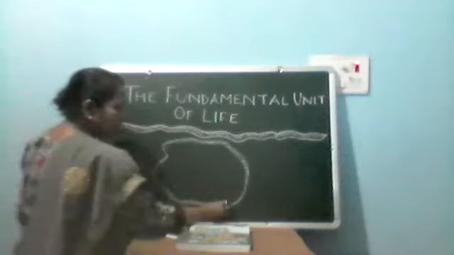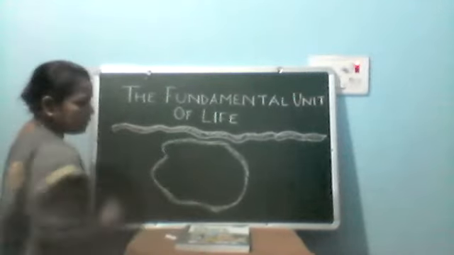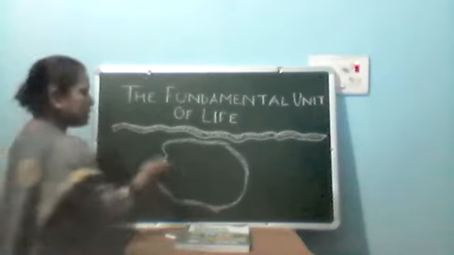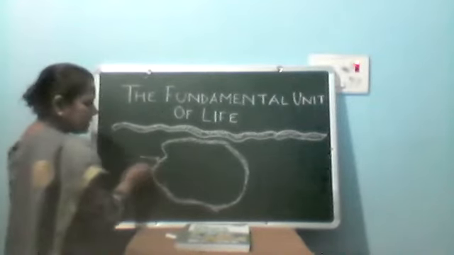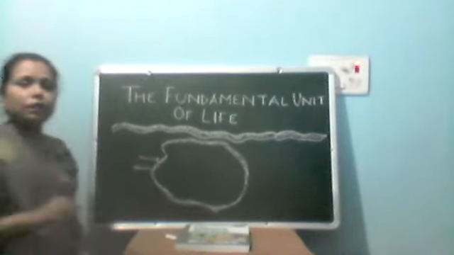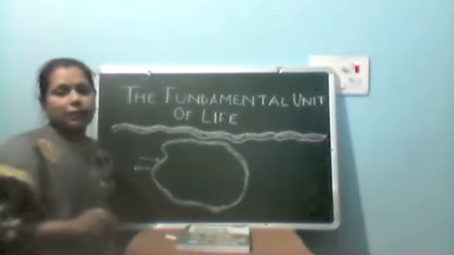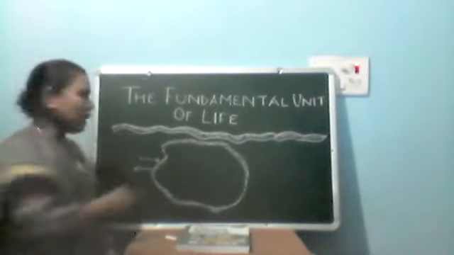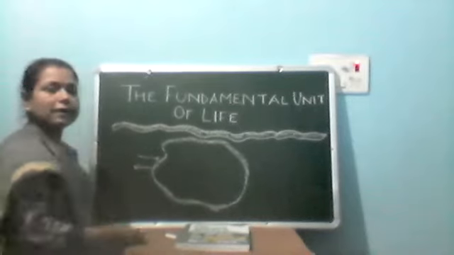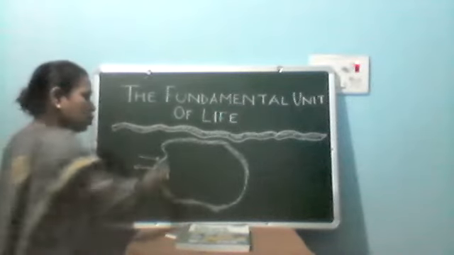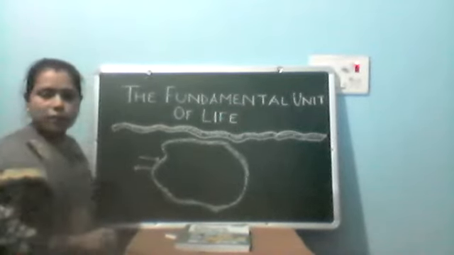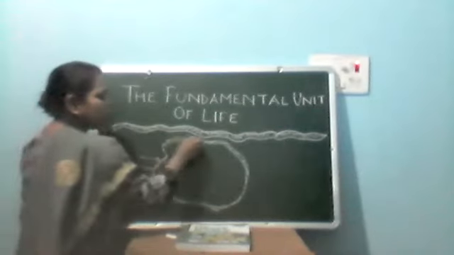This plasma membrane, as you know, its nature is flexible, and we are saying that it is controlling entry and exit of material. But here we are using the word selected material, not all material. It allows some materials to come inside and some to go outside. So controlling the entry and exit, then it is giving shape to the cell.